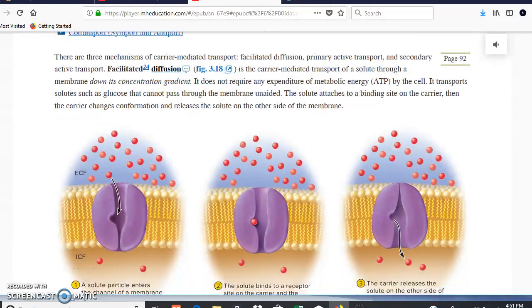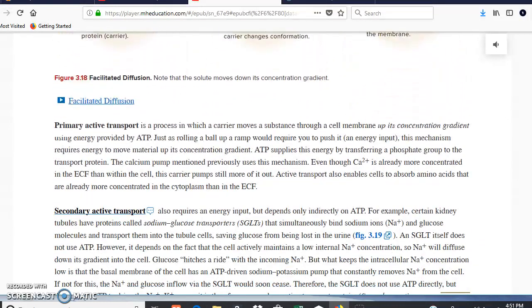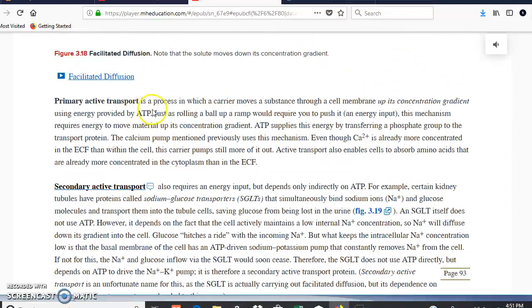Okay, now the primary active transport, right here. This is done from low to high. It's kind of like going from the base of a mountain to the top of a mountain. It's against the gradient. And because of that, it's going to use ATP.